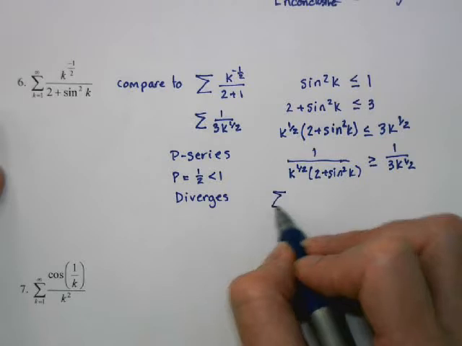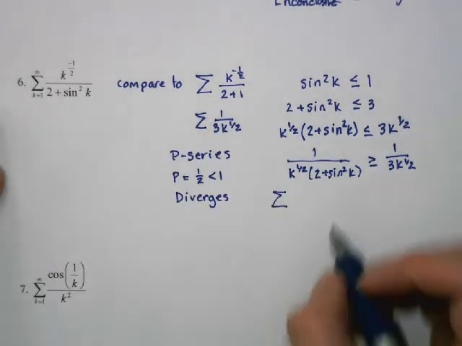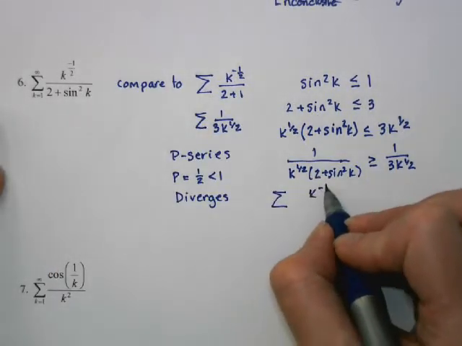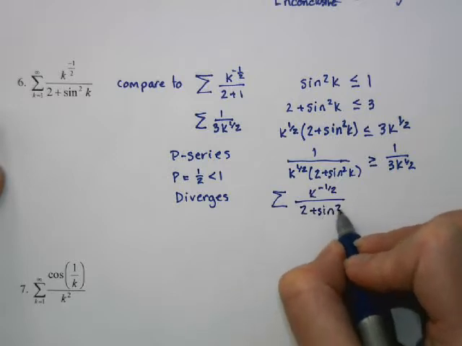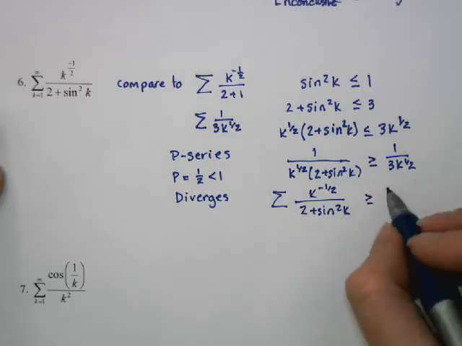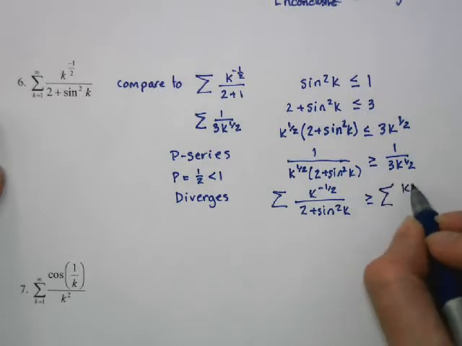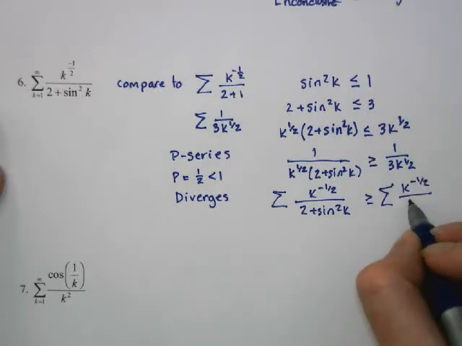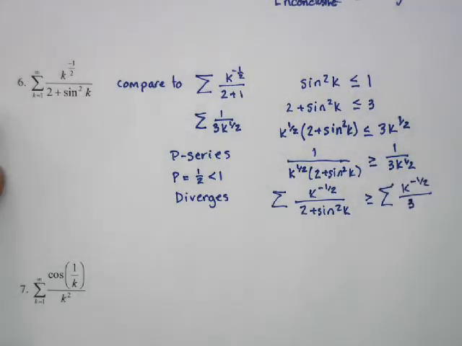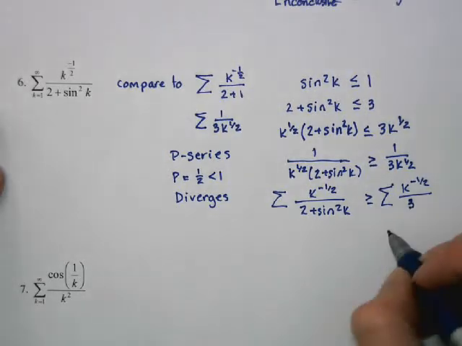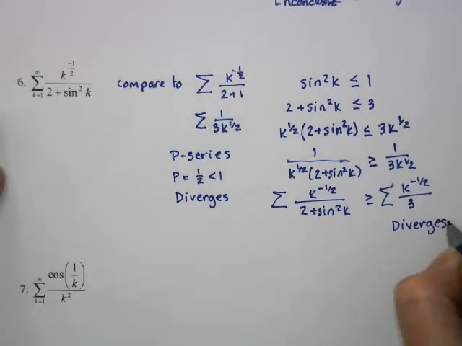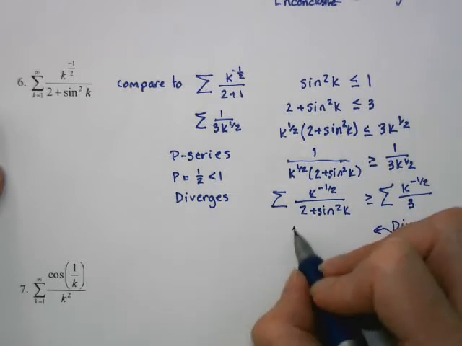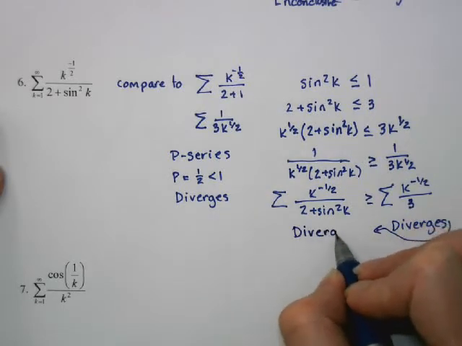So the series k to the negative 1/2 over 2 plus sine squared k is greater than the series k to the negative 1/2 over 3. We said this one diverges and is smaller, so this one diverges.